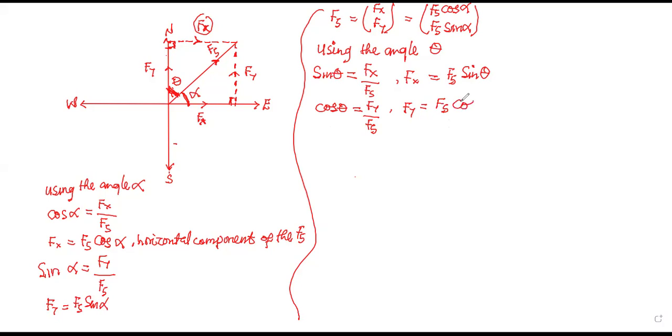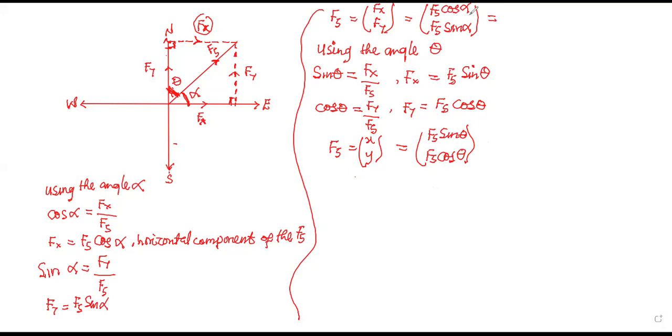So Fy here is F5 times cos of theta. Okay, now F5 resolved into x and y components is equal to our Fx here, F5 sine theta, then F5 cos theta. What you must note is that this is equal to whatever we had when we took the angle it makes with the x-axis.